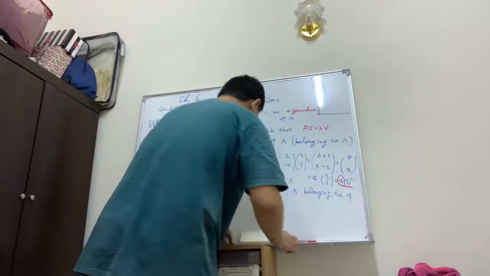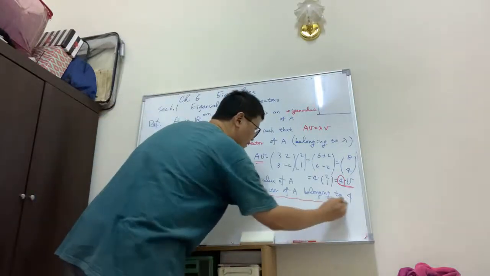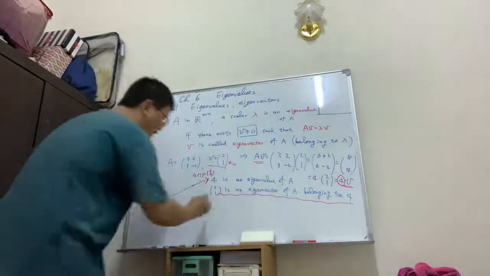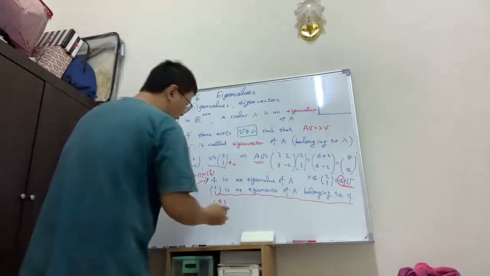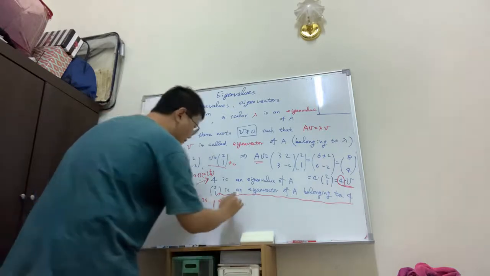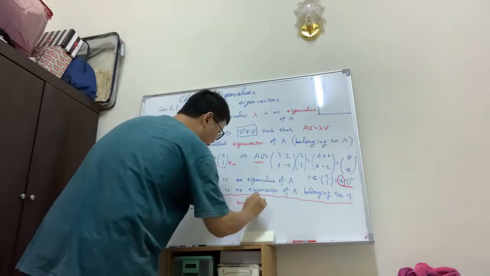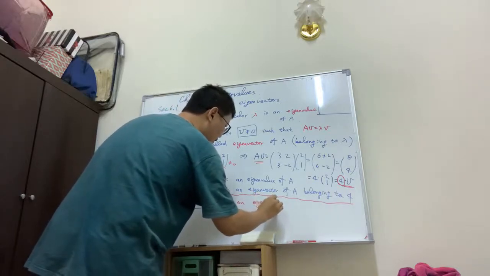Now I have a question. If (2, 1) is the eigenvector of A belonging to 4, how about (4, 2)? Is (4, 2) an eigenvector of A?